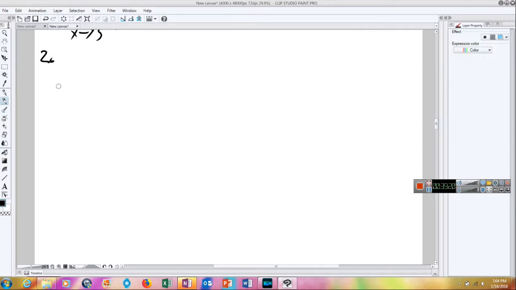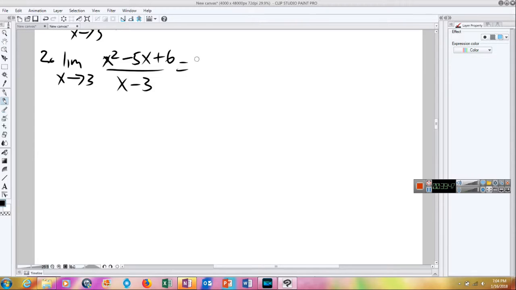And number 2. Limit x tends to 3 for the function x squared minus 5x plus 6 over x minus 3. So we follow the usual process.